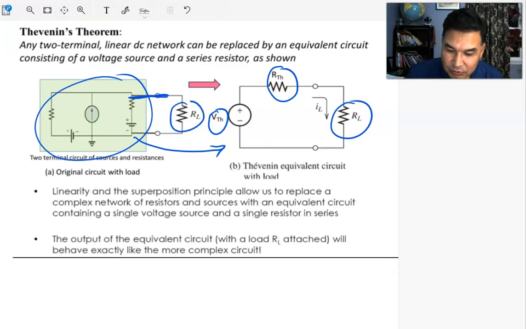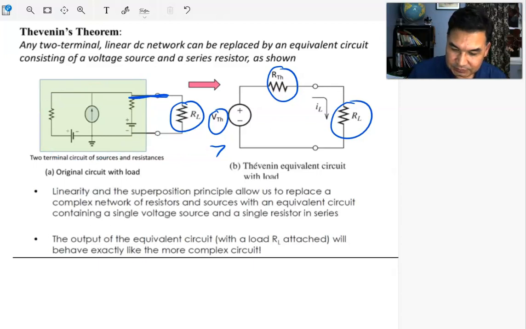Every time you change the load resistance, you would have to recalculate all the nodal voltages. But once you find the Thevenin equivalent circuit, the source and its resistance are fixed.